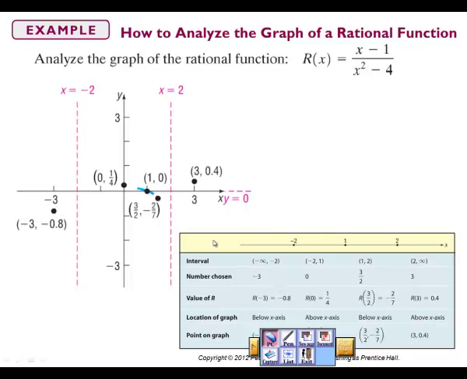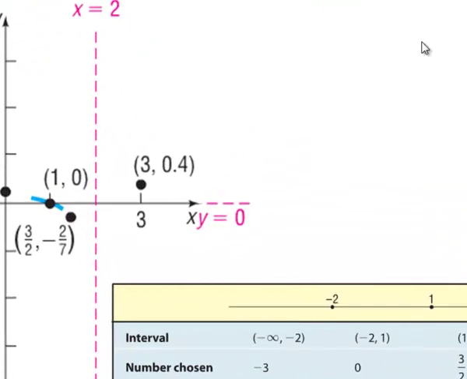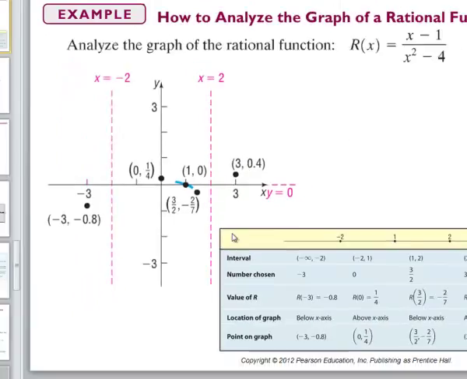Okay, so what we do is we want to plug in some points and see what our graph's going to do. Well, they do a table of values, but we're going to take this x minus 1 over x squared minus 4 and plug it into the calculator.